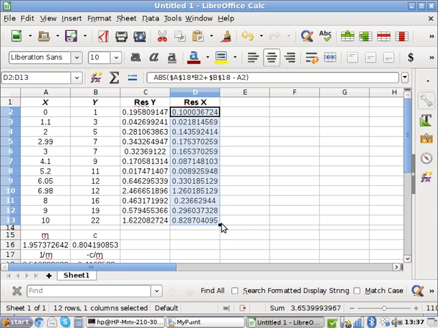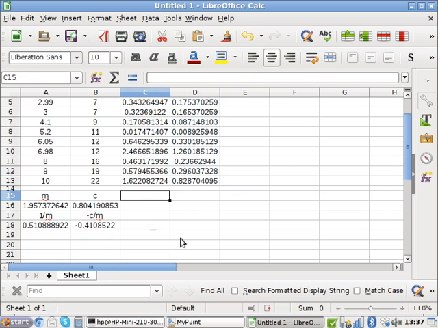Can you do that too? And then underneath we'll calculate the mean average residual for x. No equal, I'm just giving it a title. The first one was y.